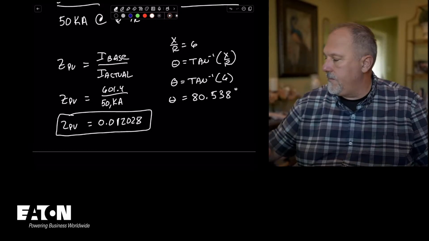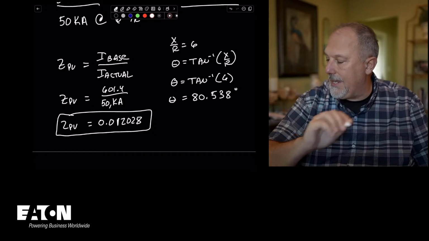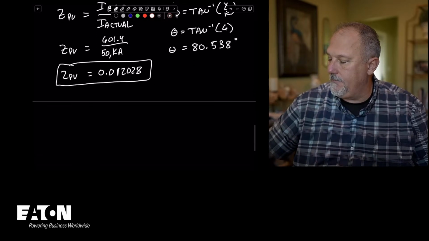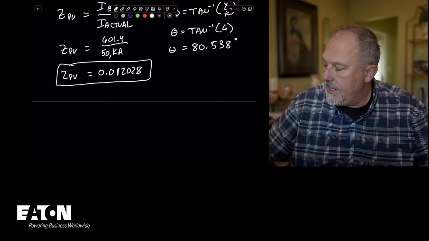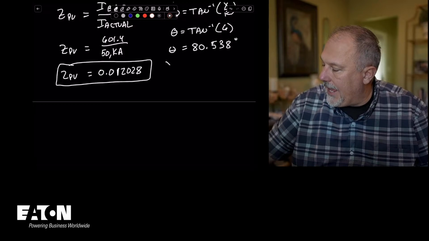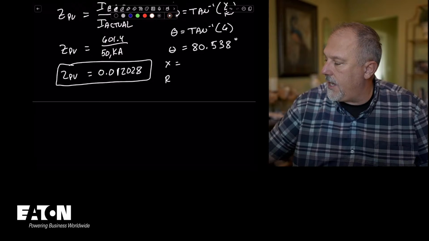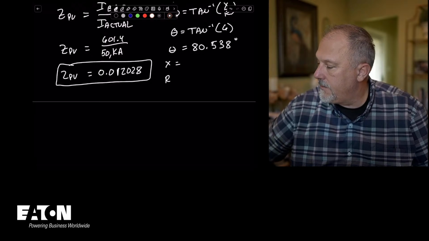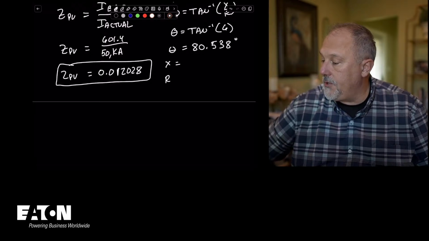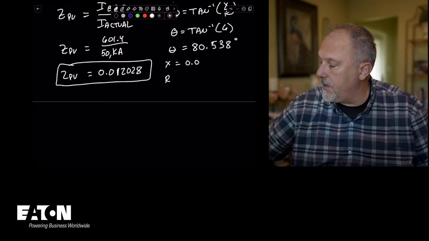That's our angle, and that's going to be important. Why? Because if I want to know the X and the R values, I take Z per unit, 0.0120.